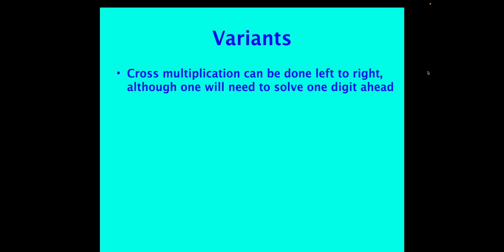So while cross multiplication in the Western mental calculation community is typically done right to left and one digit at a time, there are variants that can be used. You can do it left to right. Now, the difficulty in doing it left to right is that you will have to carry backwards. Sometimes, if you've written down the digit, you would have to cross it out and write a new digit.